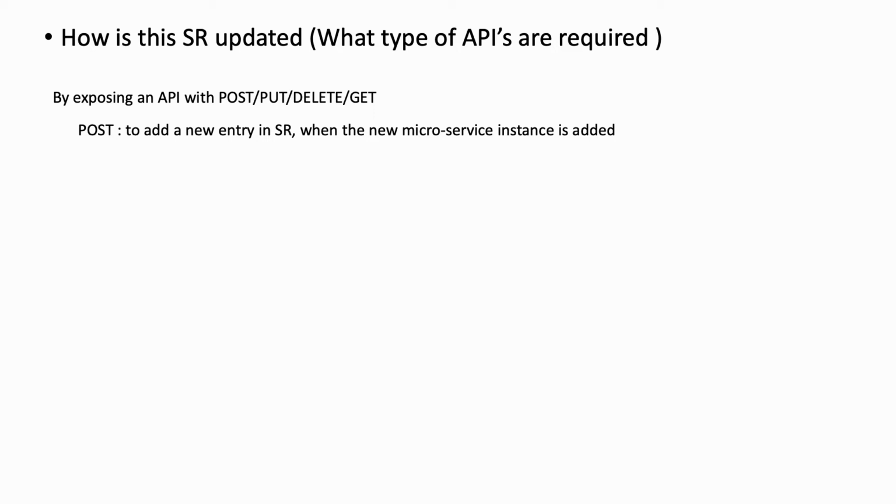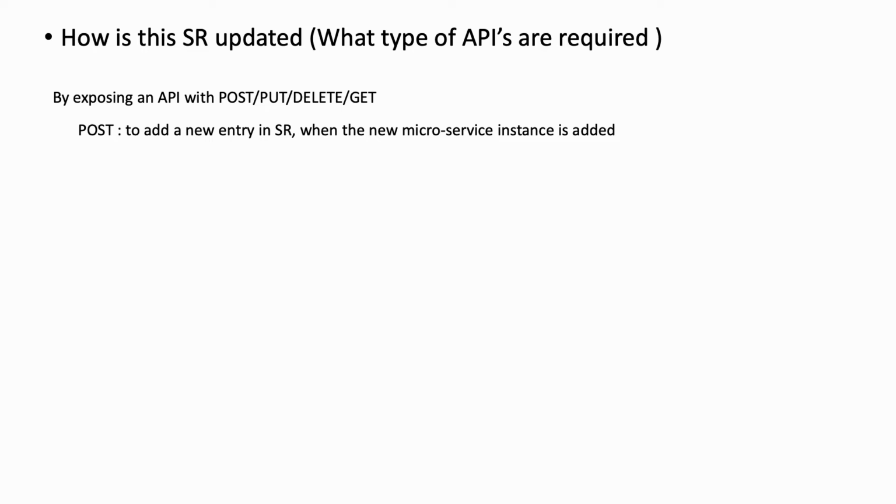We need to update this service registry at regular intervals so that the service registry will have the entries of the microservices which are there in the system as of now. So for that we need to send some kind of heartbeat signal to this service registry.